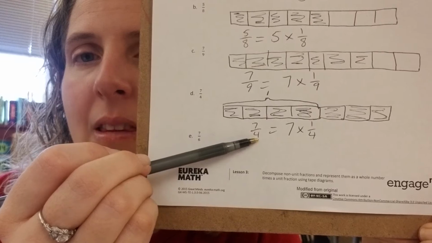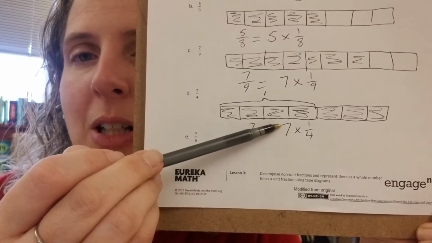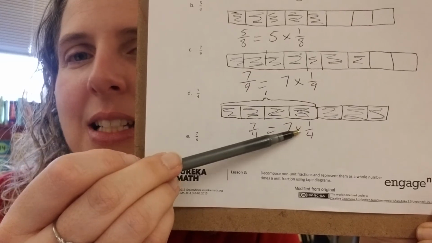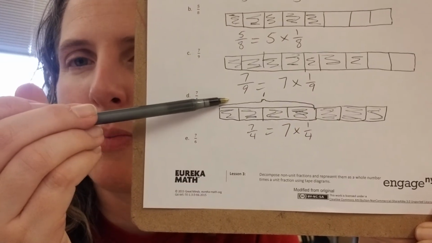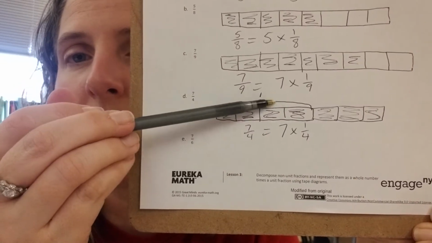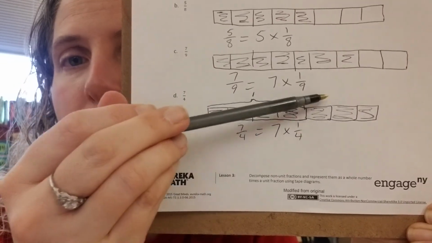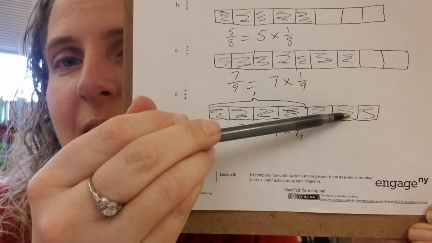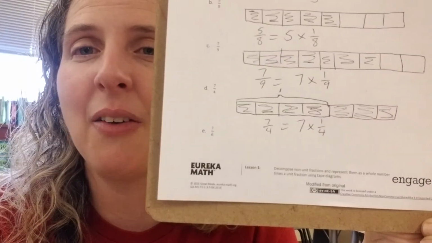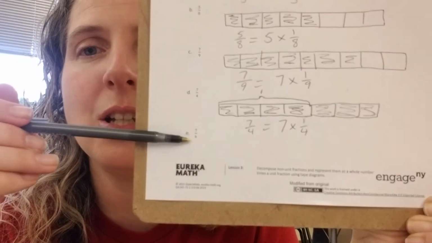Okay? Now my multiplication problem says 7, I'm reading it backwards. 7 times 1/4. Count my 1/4 pieces. 1 1/4, 2 1/4, 3 1/4, 4 1/4, 5 1/4, 6 1/4, 7 1/4. Very good. All right. So now I want you to do letter E.